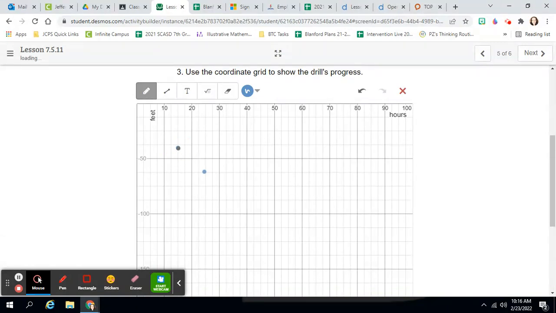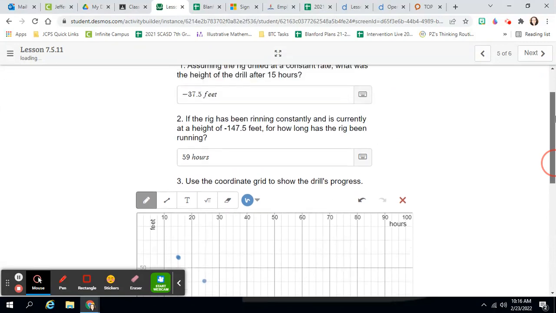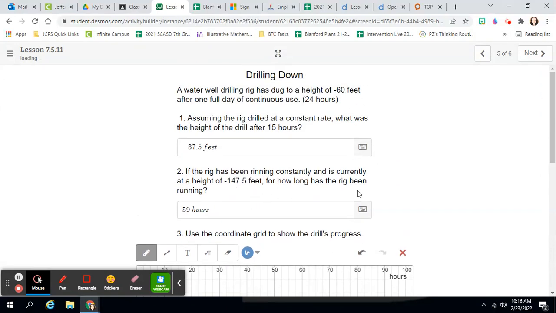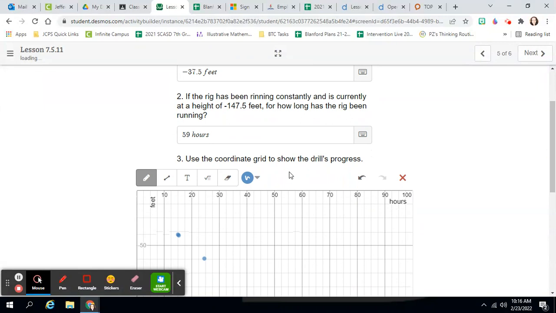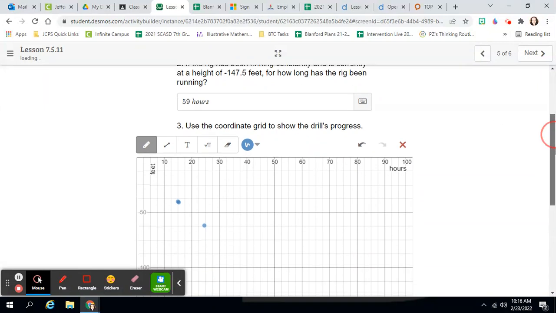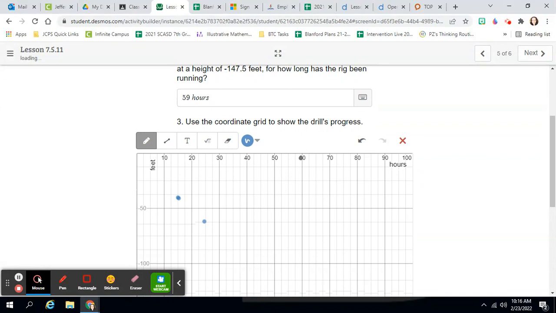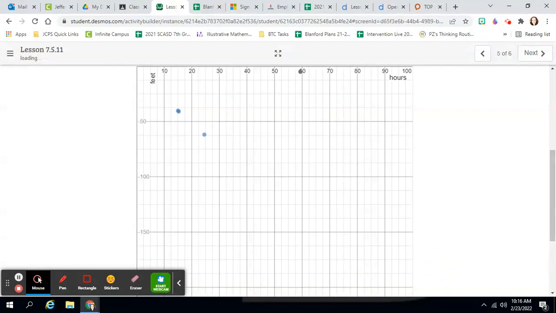And then we also know negative 147.5 feet went with about 59 hours. So we're going to find almost 60 and then go down to negative 147.5, between 100 and 150, so it's probably going to be somewhere in here.